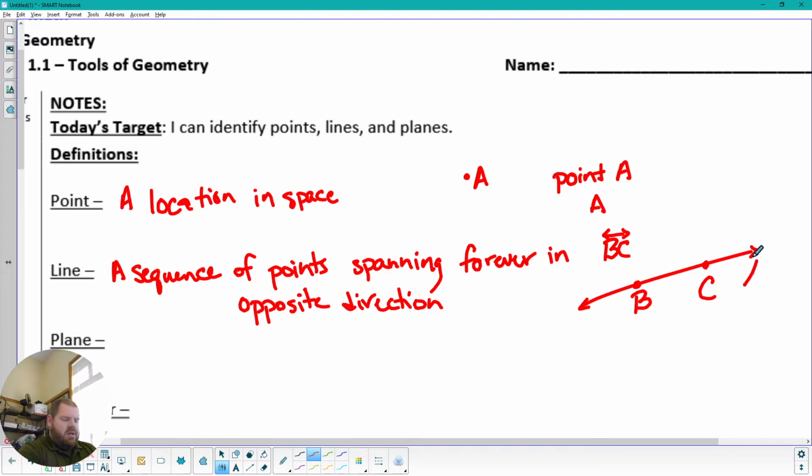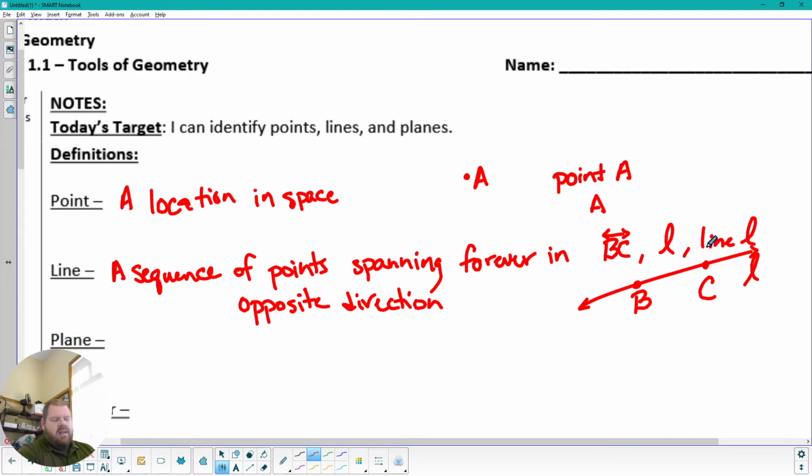Sometimes they'll give us a cursive letter somewhere around the line. If we have that, it's a lowercase cursive letter, in this case an L. We could also say that it's line L. Those are the 3 ways to name a line: with 2 points and a double-arrow line over the top, the single cursive letter that identifies that line, or the word line and then that cursive letter.